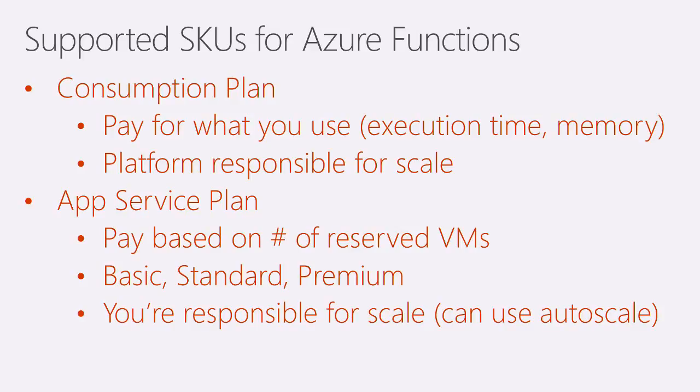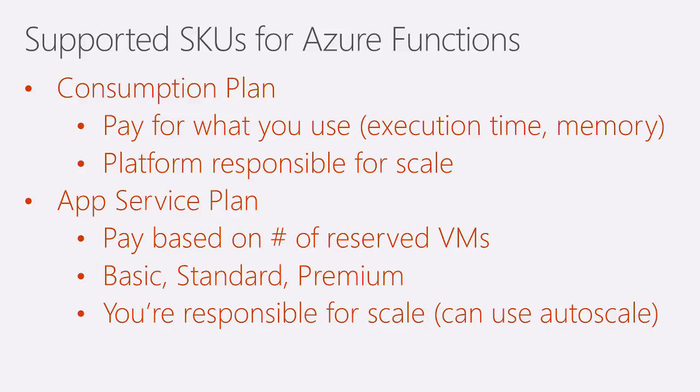There are some other reasons why you might choose to use functions on an App Service plan and not the consumption plan. One reason would be if you have a really memory-heavy workload. We have some limits on the consumption plan, around 1.5 gigabytes. So if you have a workload that's going to load several gigabytes of data into memory to finish something, you'll probably write your functions and deploy them into a normal App Service plan.